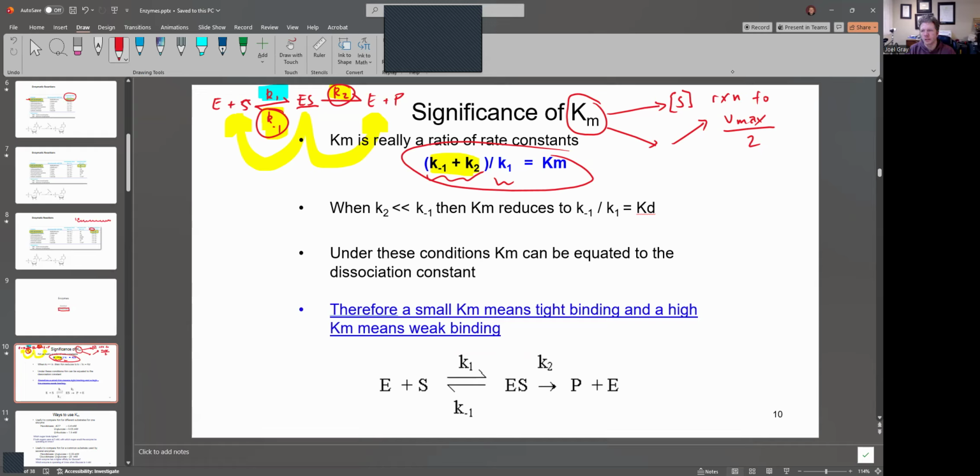The takeaway from this is that a small Km is a good indication that we have very tight binding between our enzyme and substrate. So a small Km means our enzyme tightly binds the substrate.